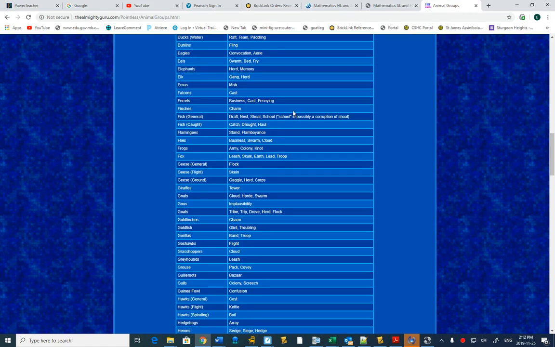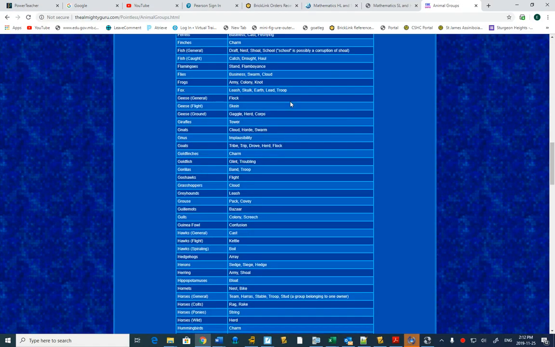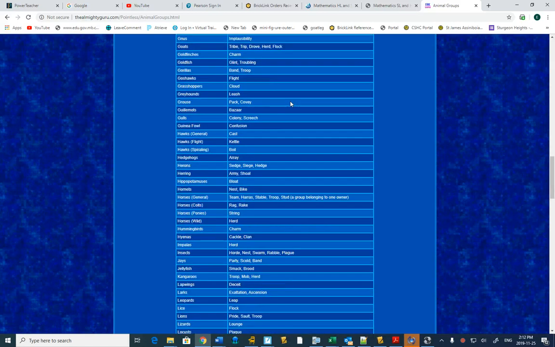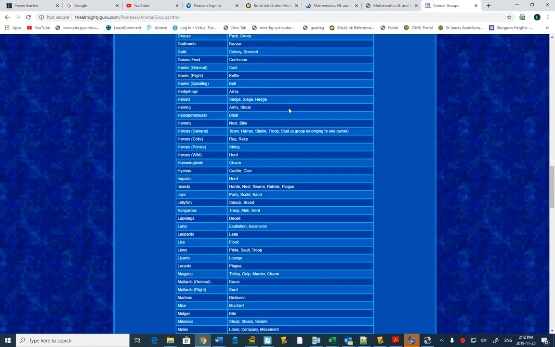An implausibility of gnus. Who'd have guessed? Leopards. You know what you call a group of leopards? A leap of leopards. Like, who made this up? This must have been a guy just joking around. It's like, all of a sudden one day they decided that one person was going to make crazy names. And you're like, oh, there's a bunch of mice together. We'll call them a mischief of mice.